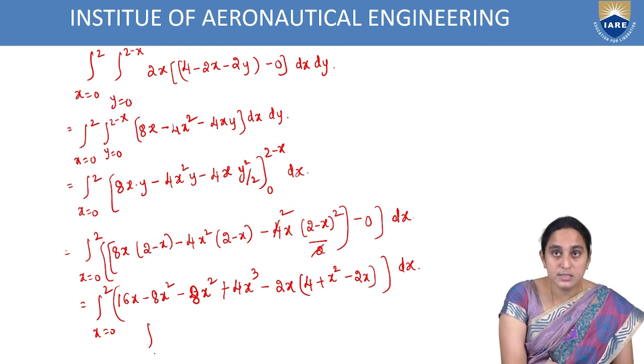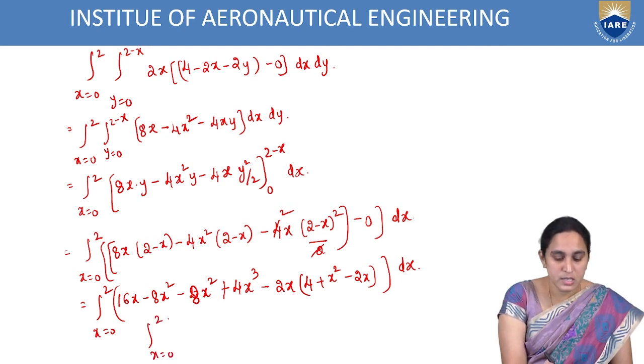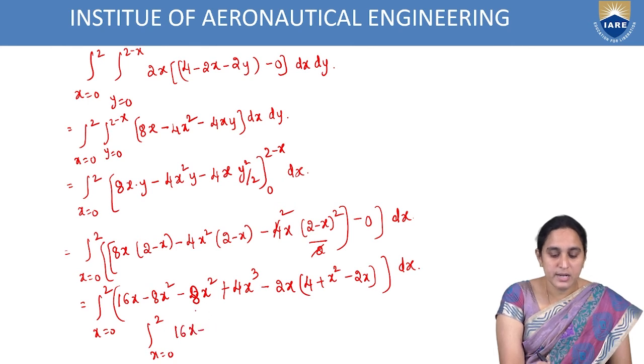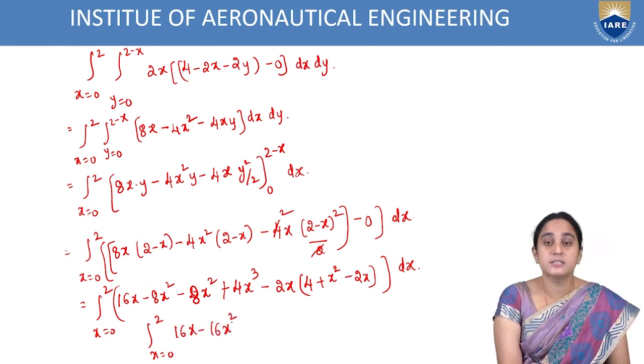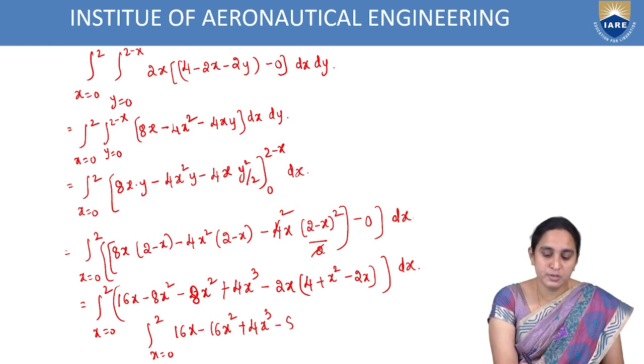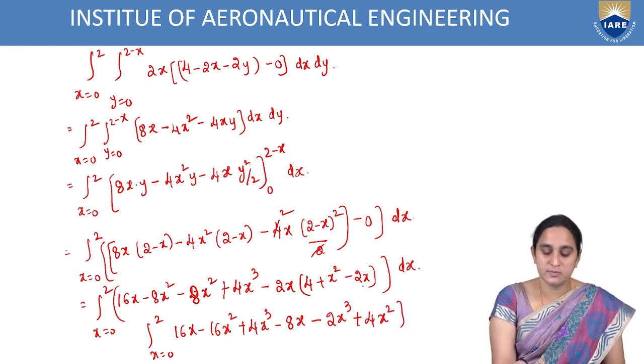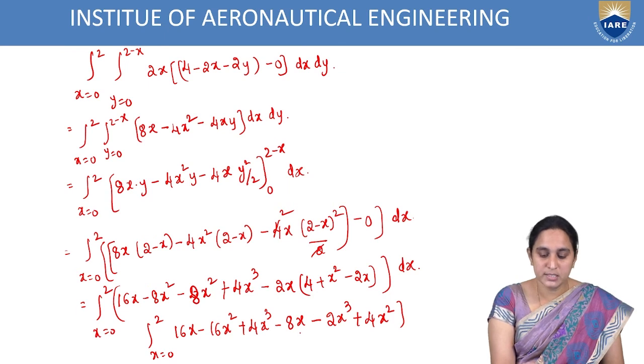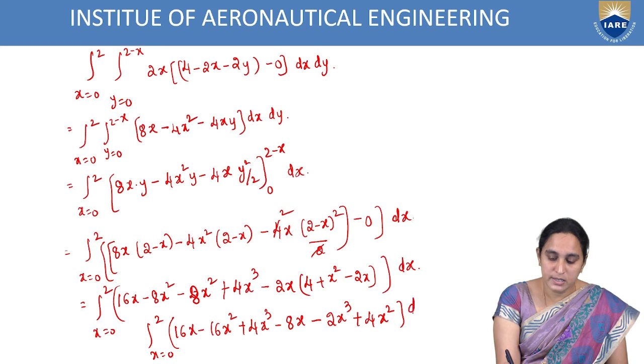After this, 16x minus 8x square minus 8x square, that is 16x square, plus 4x cube plus 4x cube, minus 2x into 4, that is 8x, minus 2x cube, minus 2x into minus 2x, that is plus 4x square, dx.